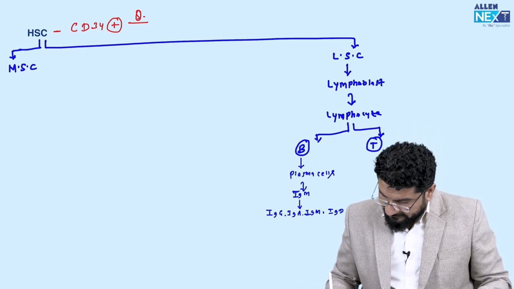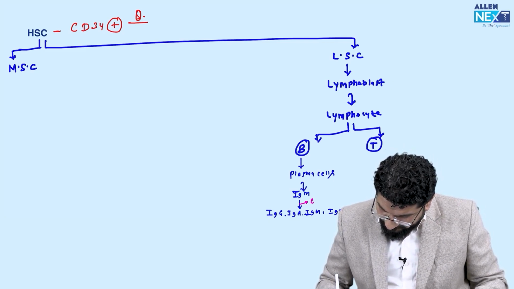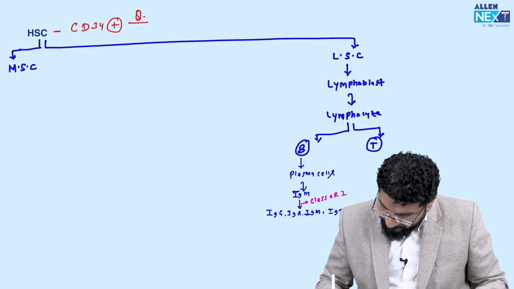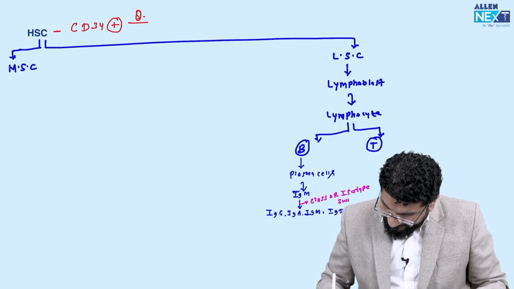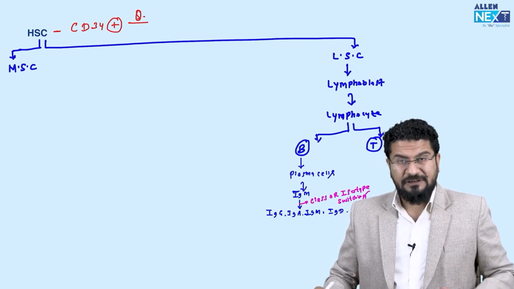And this phenomenon, we call class switching, or isotype switching. They ask this MCQ in microbiology, immunology, like which is the first immunoglobulin to be formed, that is your IgM. So this is about lymphoid lineage.